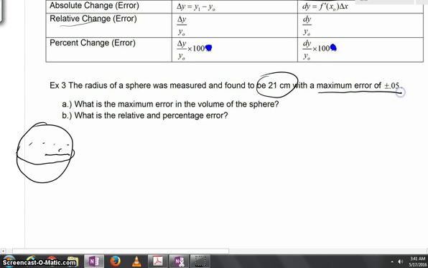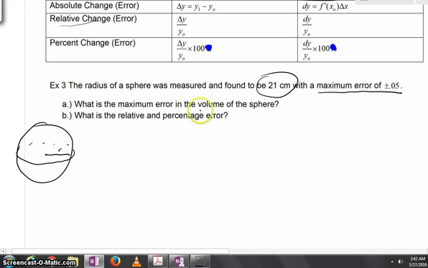However, there could have been a measurement error. Maybe you were plus or minus 0.05 centimeters too big, too small. If you made an error with the radius, clearly there would be an error with the volume. So we're going to use differentials to help us.